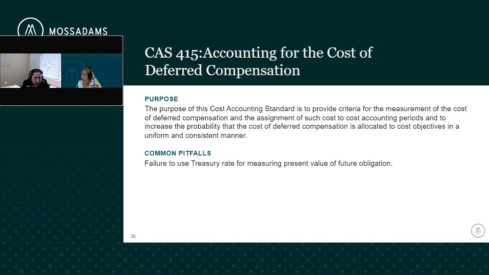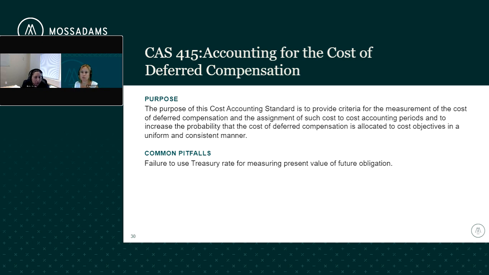The next step is that if there's no obligation incurred prior to payment, the cost of the deferred compensation shall be the amount paid and shall be assigned to the period in which the payment is made. So go back to what the obligation is at that time to the company. Do we have a potential liability now?